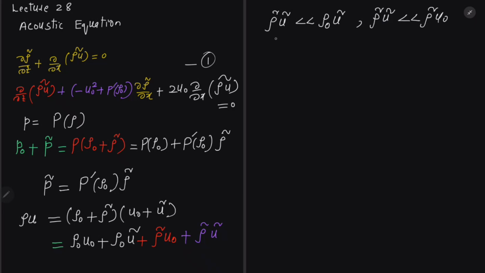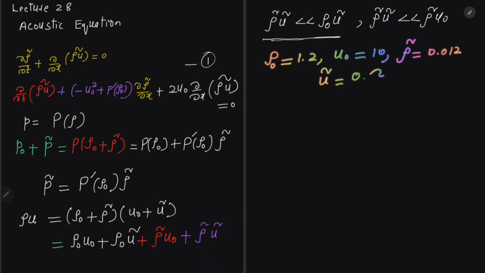if you want to really understand whether this is true or not, consider rho naught equal to 1.2 and u naught equal to 10, and the perturbed quantity rho tilde equal to 0.012 since it is very small, and the perturbed quantity u tilde is 0.34.